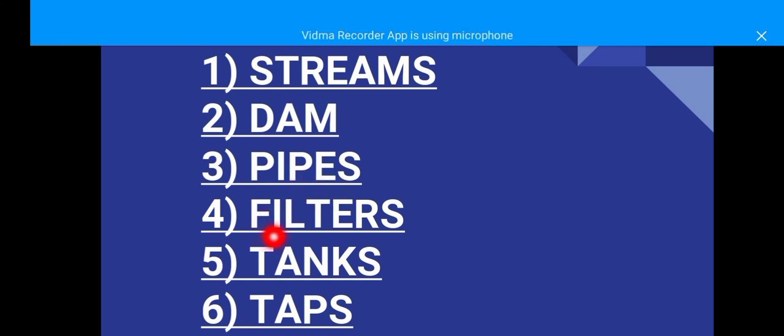The fourth one is filters, FILTERS. The next one is tanks, TANKS. And the last one is taps, TAPS. I hope that you all have done your answers now.